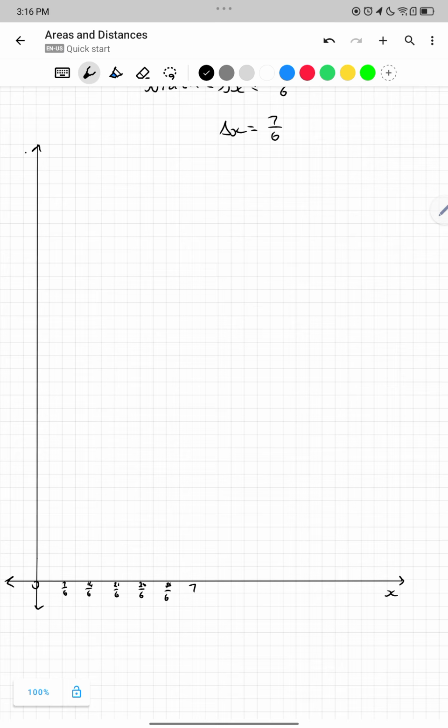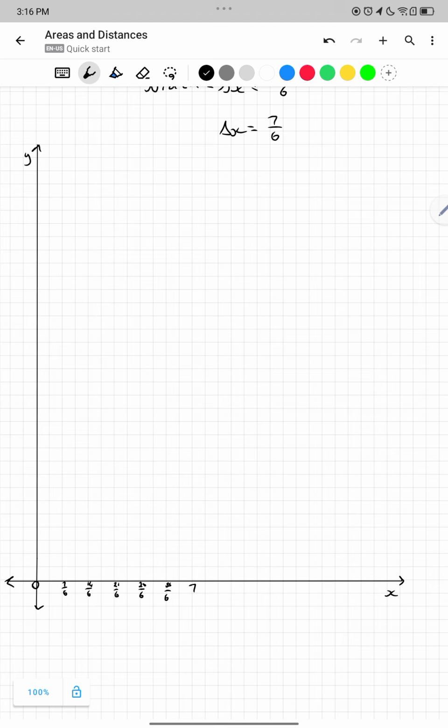Label. So we're going to actually put the same scale, but we don't really put the same scale. I'm just going to sketch here the heights and everything.